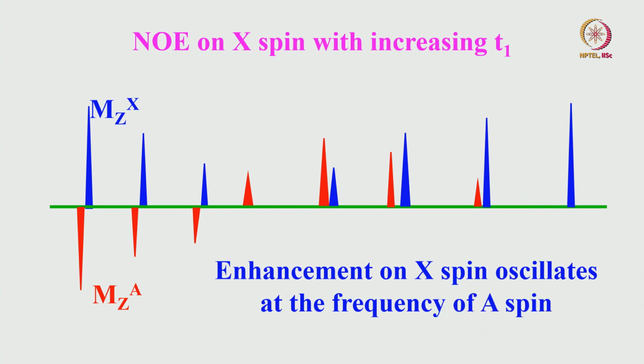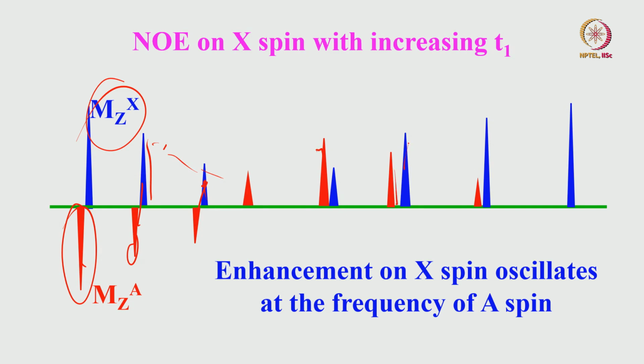Pictorially, this is how the enhancement comes, a crude diagram as a function of increasing mixing time. Let us say you have inverted the magnetization along Z. The X spin is here, it has some magnetization. Then A comes down and gives magnetization, and there is some dipolar relaxation also going on. X takes magnetization and goes up.